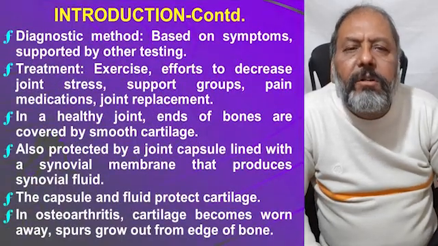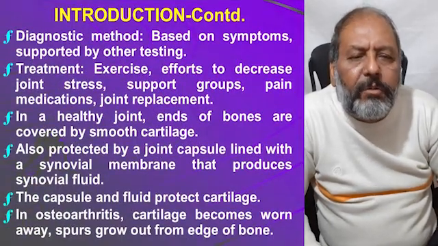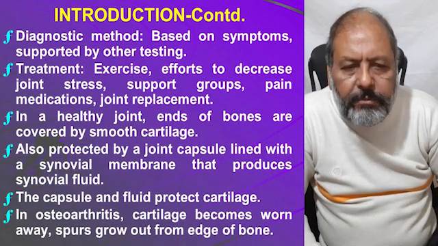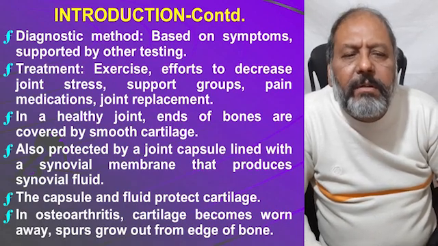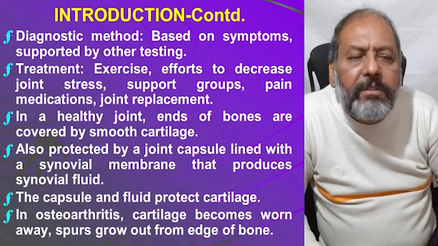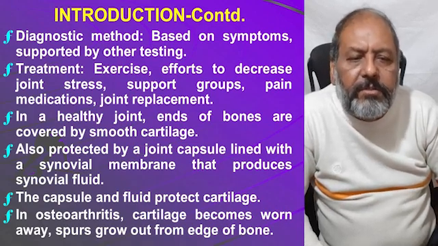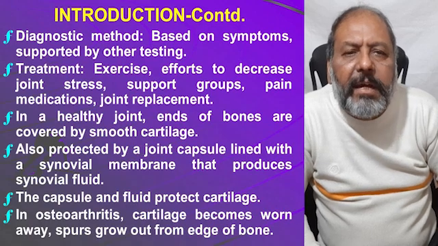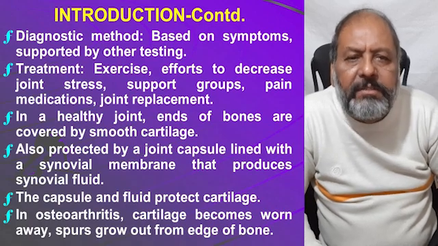Diagnostic methods are based on the symptoms, supported by other tests. Treatment is exercise, efforts to decrease joint stress, support groups, pain medication, and sometimes joint replacement as a last resort.